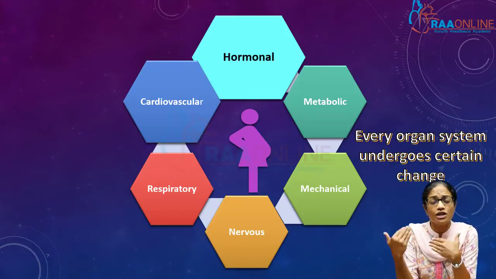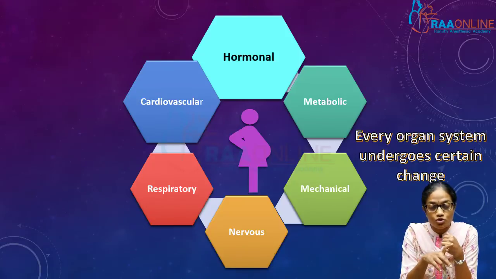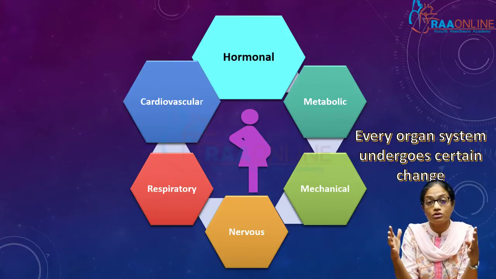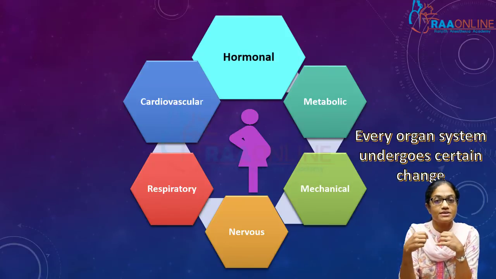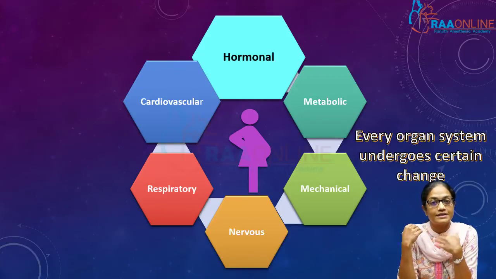There will be changes in every organ system involved: primarily the cardiovascular to meet the demands, the respiratory changes, the neuronal system, mechanical changes to allow the body to accommodate the baby, and multiple metabolic changes. We're going to go through every system one by one and focus on the key points that are relevant in anesthetic management.